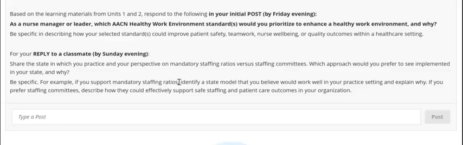And so perhaps you might feel that a staffing committee might be the best option for a rural hospital that's having financial issues, and describe how they could also effectively support safe staffing and patient care outcomes. So that will be in your reply to a different classmate. You can go off on this tangent here, and this is the original post.